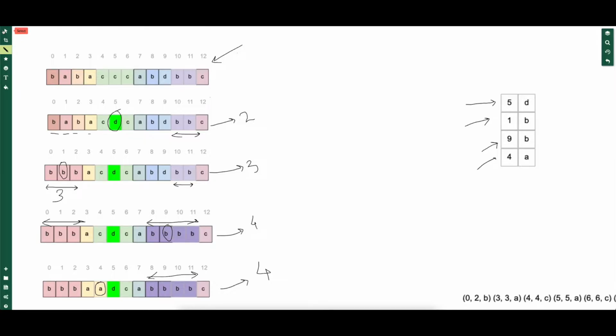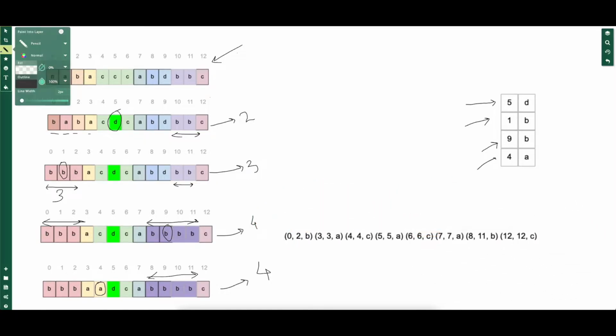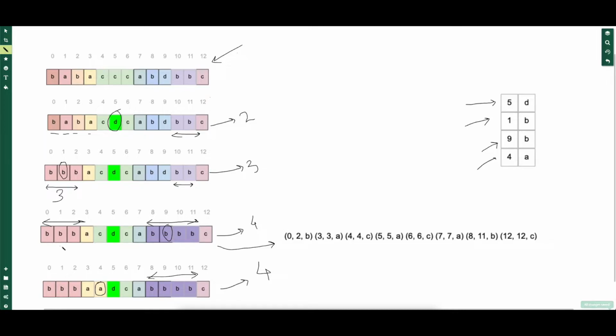So with that note, let's say that this is the range for this array. So basically, we have just accumulated this in a range. So from index 0 to 2, there is character b, so hence 0 comma 2 comma b. From index 8 to 11, there is character b, so hence 8 to 11 b.